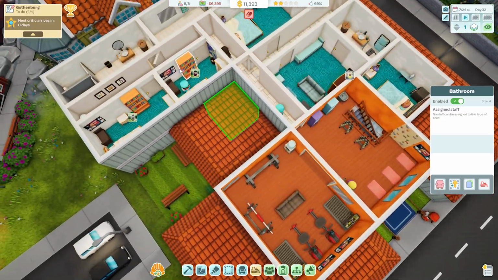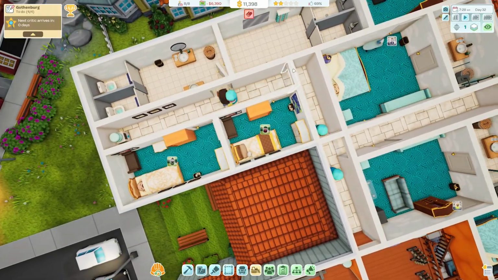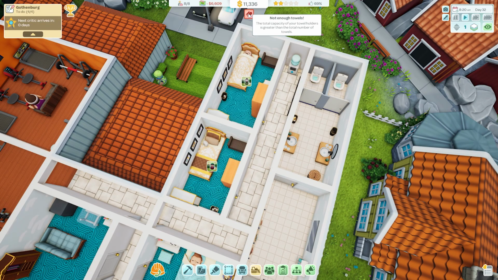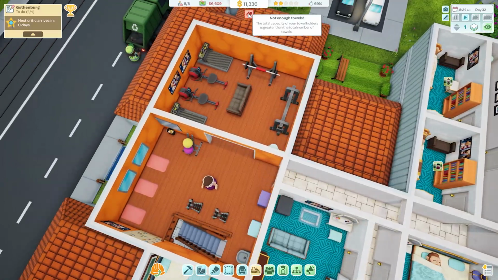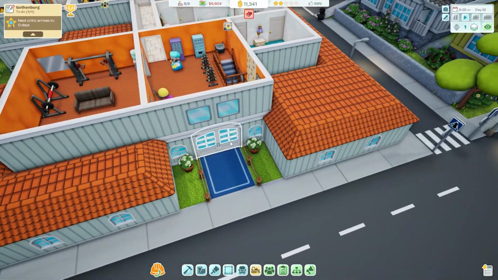Okay, let's send you home. Sorry. They don't care. They're getting paid. So, technically, if we want to go that route, not enough towels. The total capacity of your towel holders is greater than the total number of towels. Okay, why don't we have more towels? Can we get more towels?